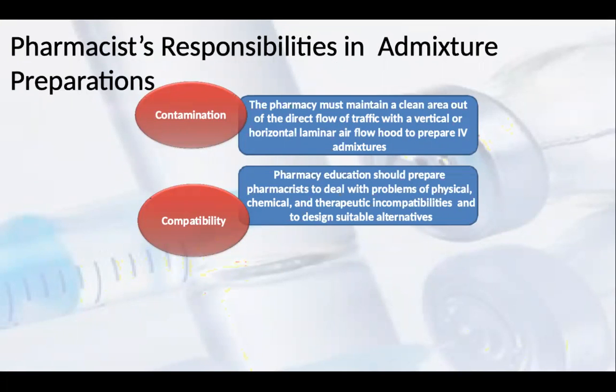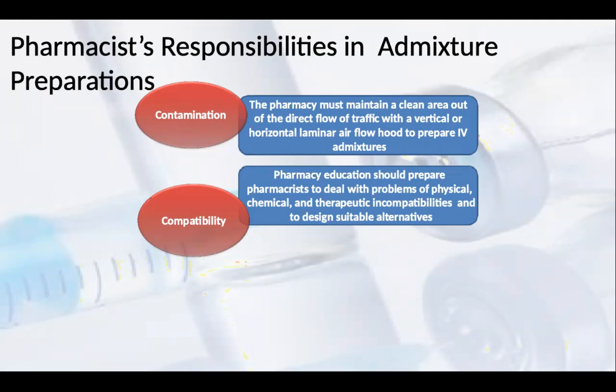So what is the pharmacist's responsibility in admixture preparations? The drugs must be free from contamination. They must know about compatibility. The pharmacy must maintain a clean area out of the direct flow of traffic with a vertical or horizontal laminar airflow hood to prepare IV admixtures.